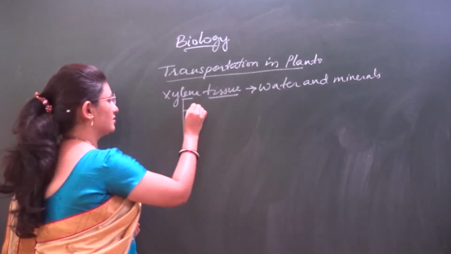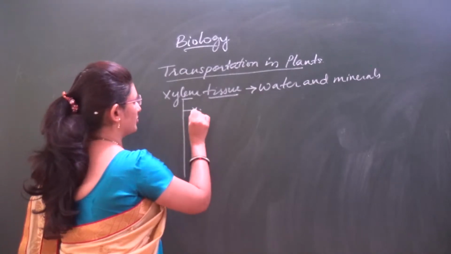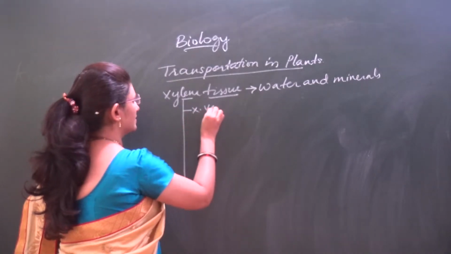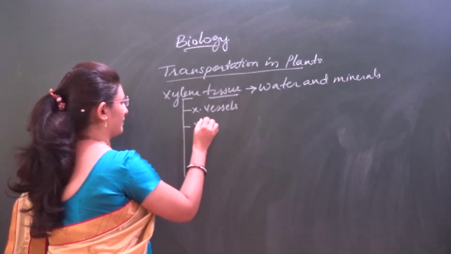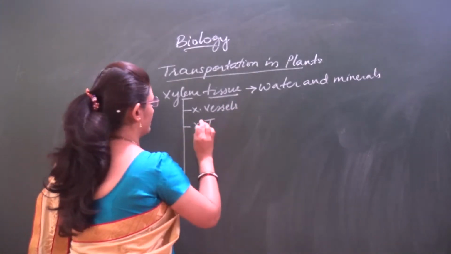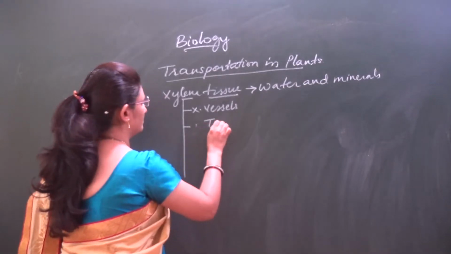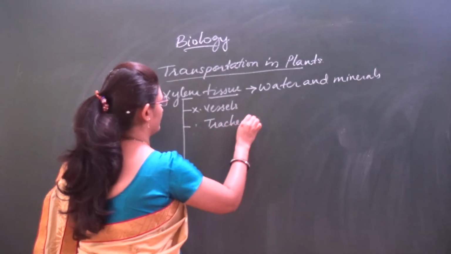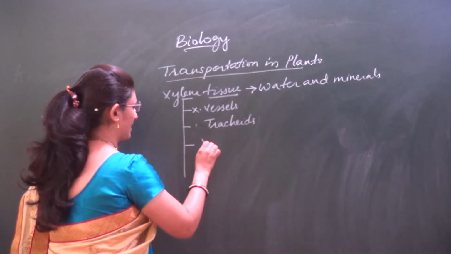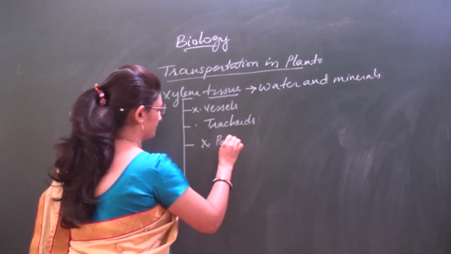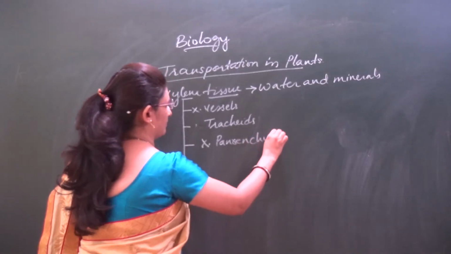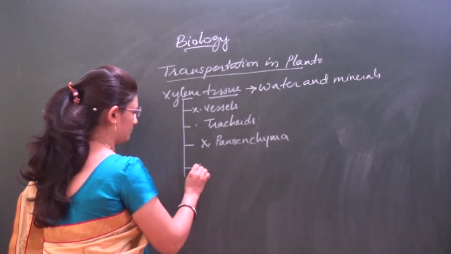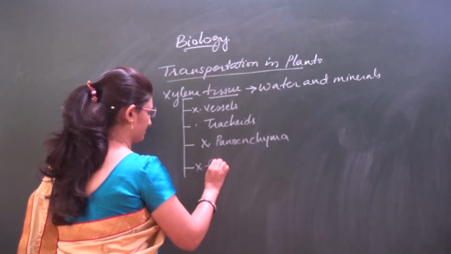The components which are called xylem vessels, the tracheids, xylem parenchyma, and the xylem fibers.